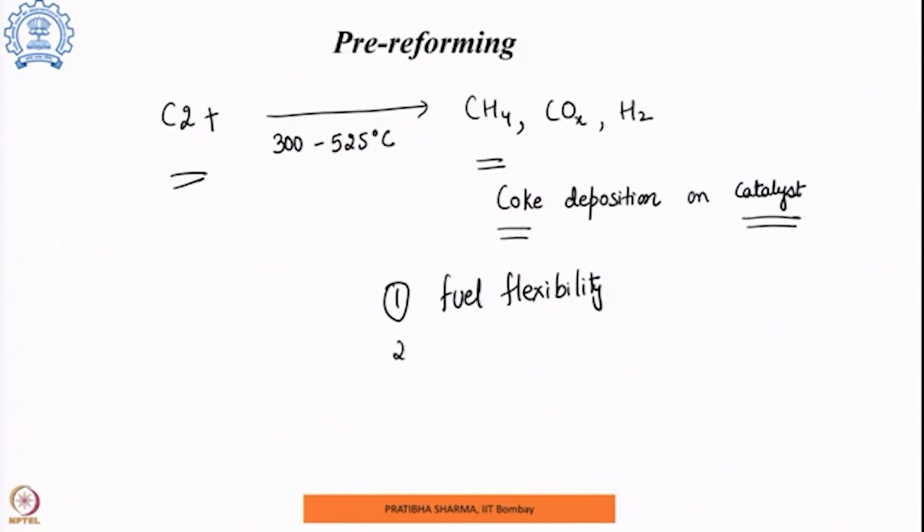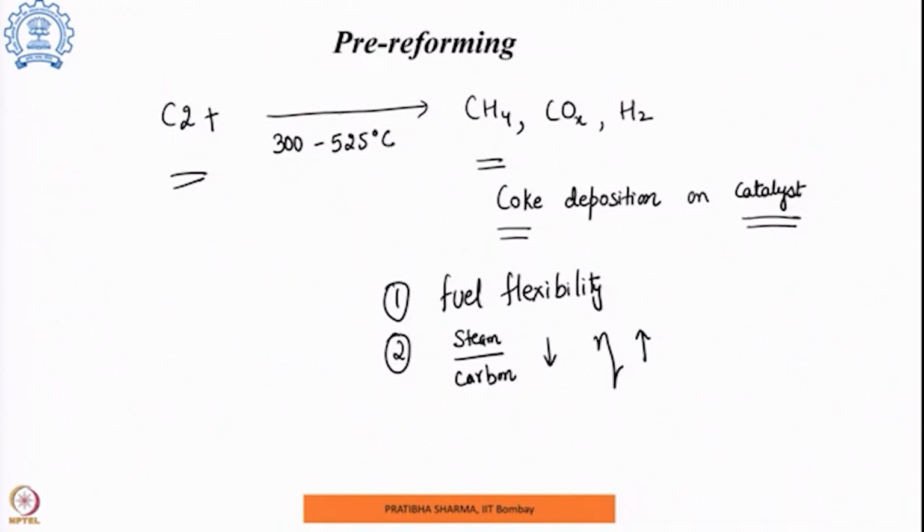Besides, for reduction in the coke formation, we will see that a higher steam to carbon ratio is required. Now, with the additional step of pre-reforming, the required steam to carbon ratio could be lowered, thereby increasing the efficiency even if we are working with higher hydrocarbons.